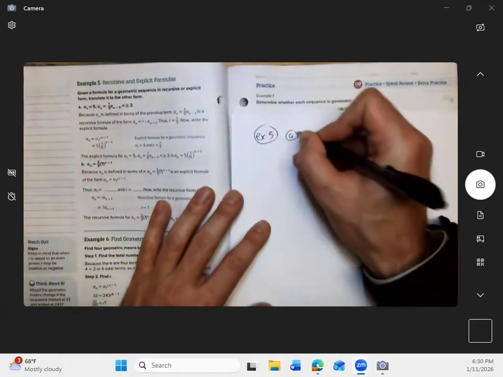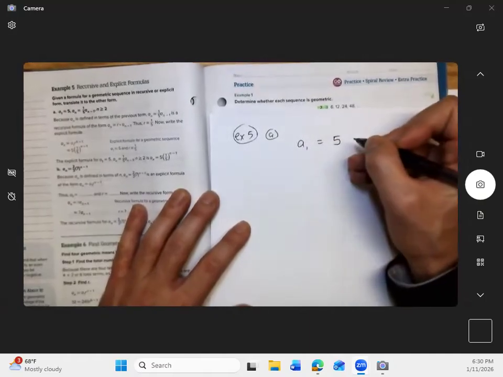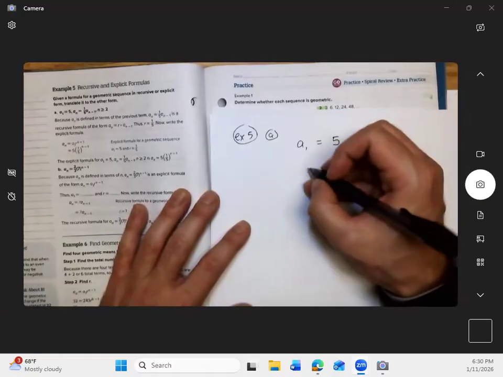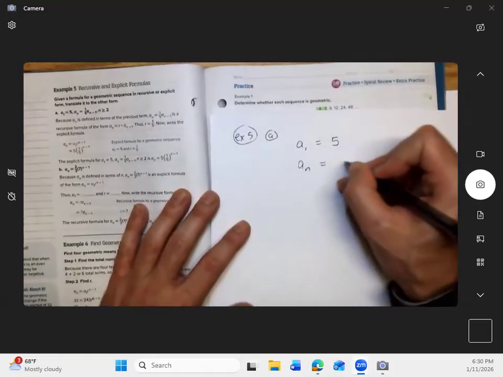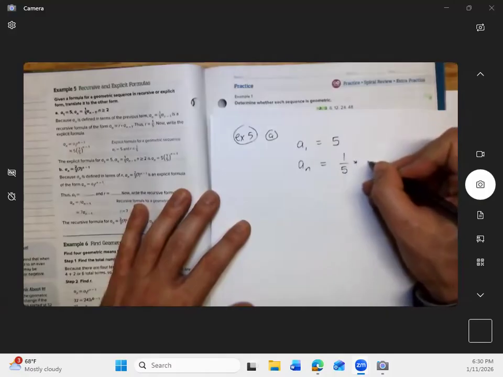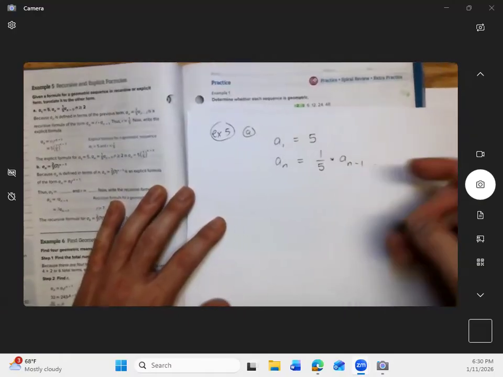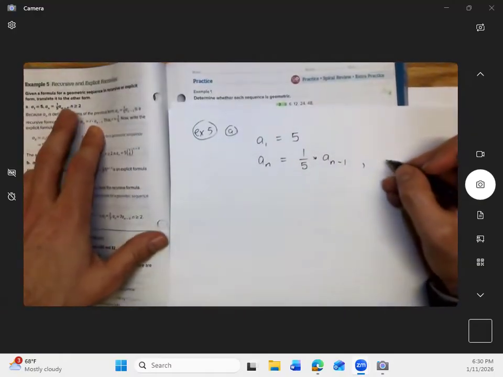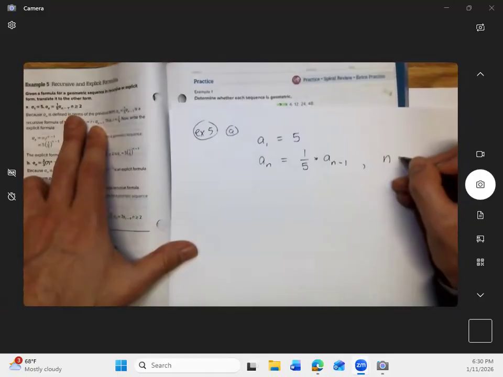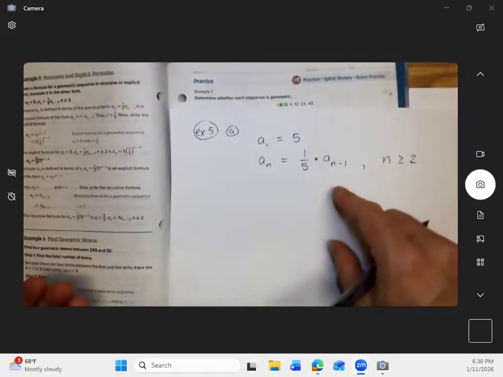So part A, they're telling us the first term is 5 and that the nth term is 1/5 of the previous term. Remember, a sub n minus 1 is the previous term, right? Oh yeah, I forgot to mention this earlier. But normally you see this tag onto the end: n is greater than or equal to 2, because n equals 1 would count for the first term.